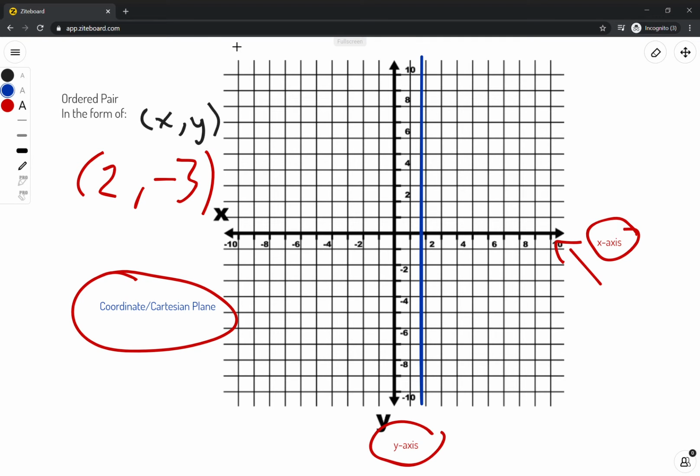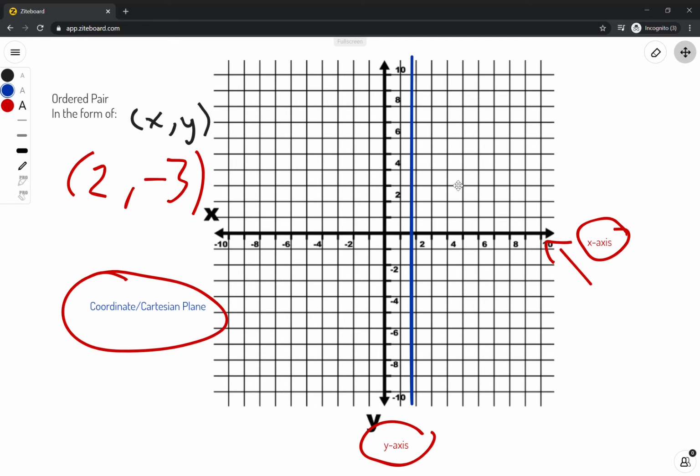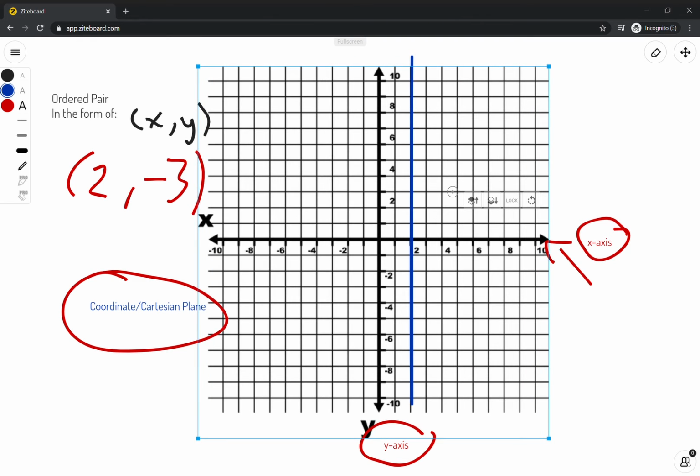That's a little off, but we can move our graph to accommodate for that. Just like this. Perfect. And so that satisfies the x requirement. But the y requirement, it has to be at y equals -3. So I do the same thing, draw a line.